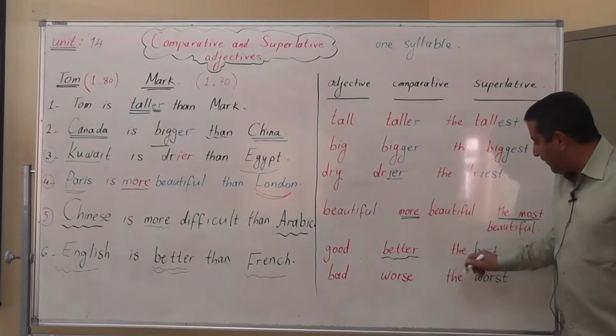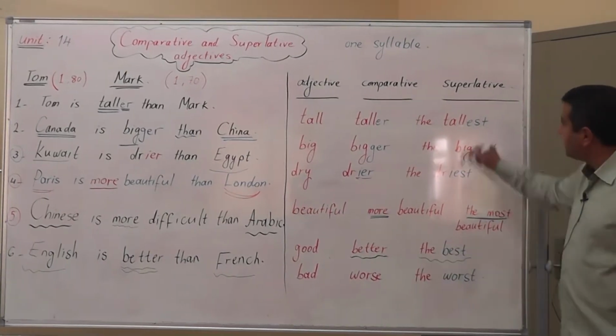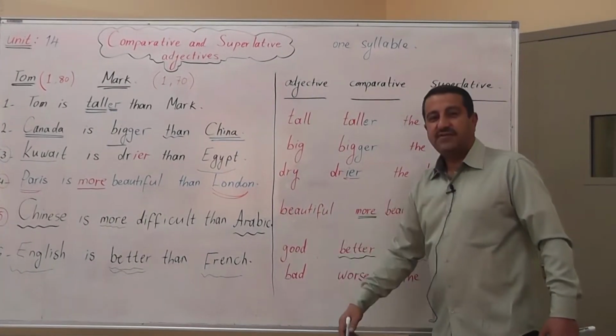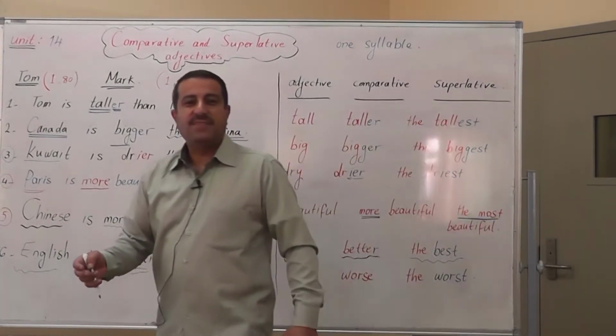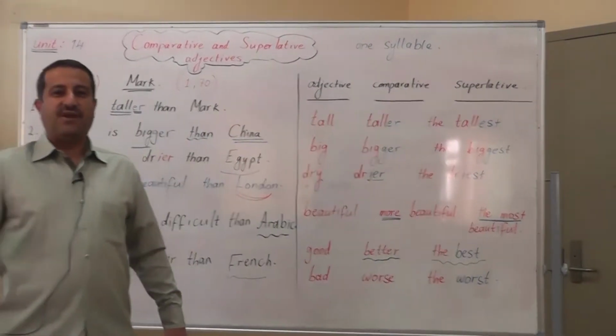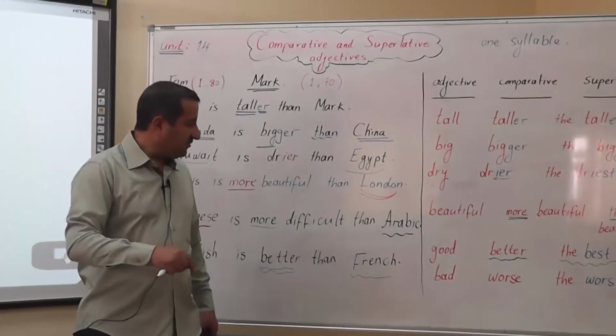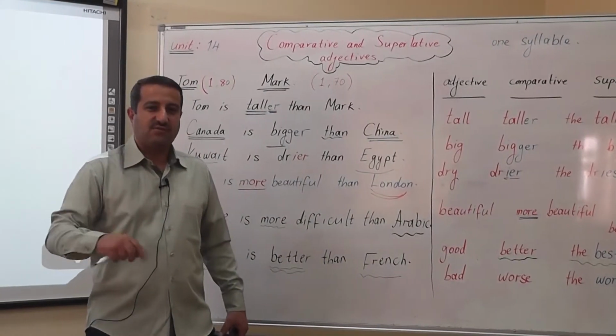And the best. This is the superlative of good. For example, if you have three languages, English, Arabic, and French, okay, we are comparing between more than two things or two people.